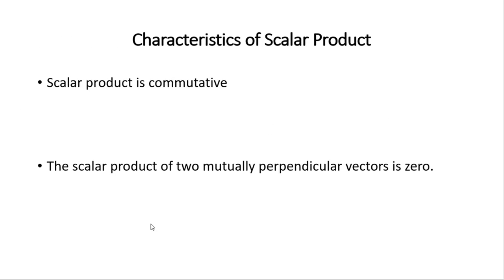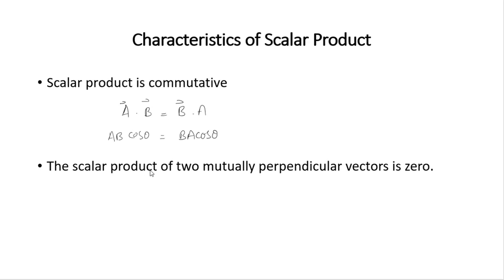Now I would love to show the characteristics of the scalar product. The scalar product is commutative. What does that mean? That a dot b equals b dot a. Either you write ab cosine theta or ba cosine theta, because they are all magnitudes being multiplied, so the order doesn't matter.